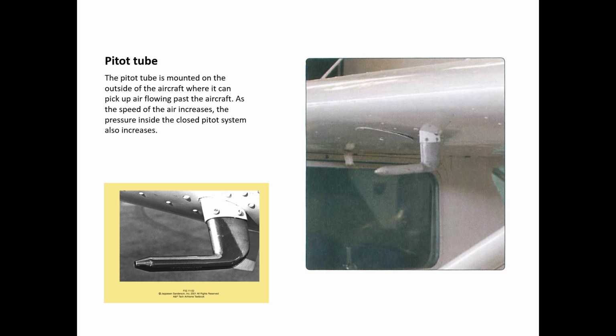So the air pressure increases. And if the aircraft slows down, the pressure in the pitot tube also decreases. And you can take those measurements and calibrate them onto various instruments, including the airspeed indicator.